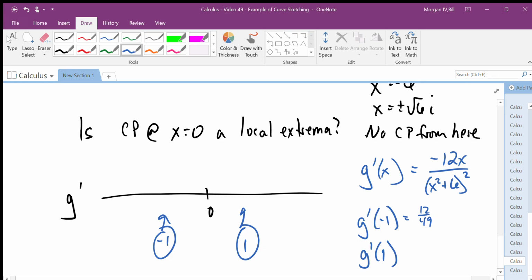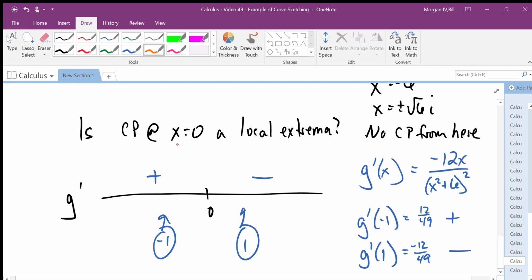12 over 49, but that's not really what's important. What's important is that it is positive. So at negative 1, positive, we're going to be increasing here. Then at 1, we have negative 12 over 49. That one is negative, and we're decreasing after 0. So increasing before 0, decreasing after 0.